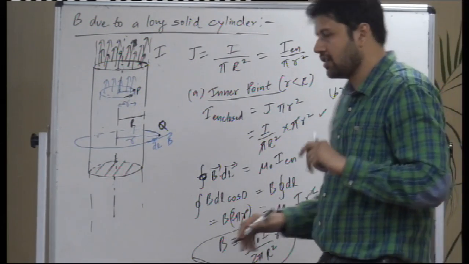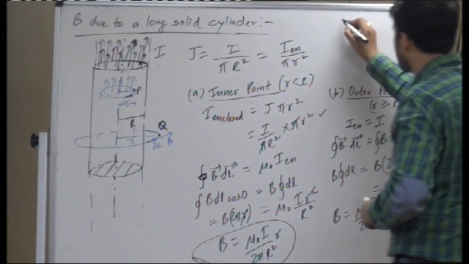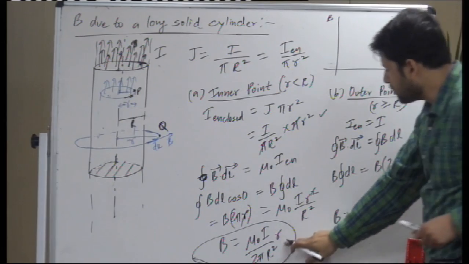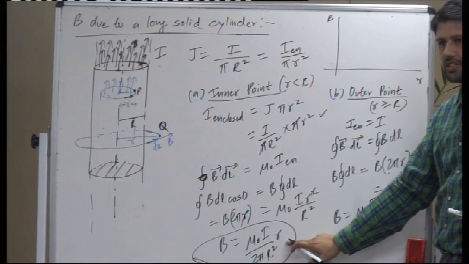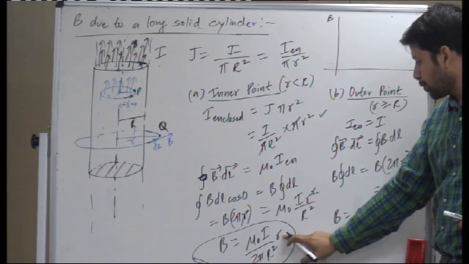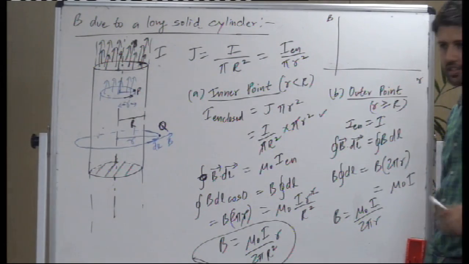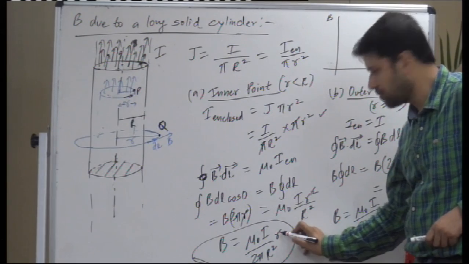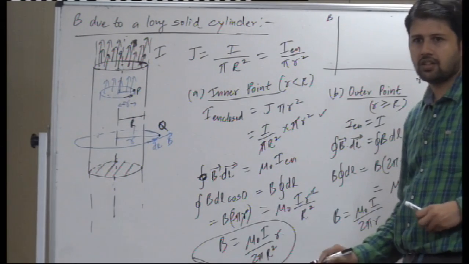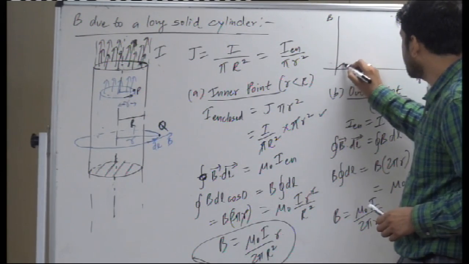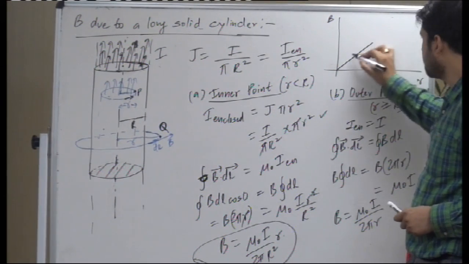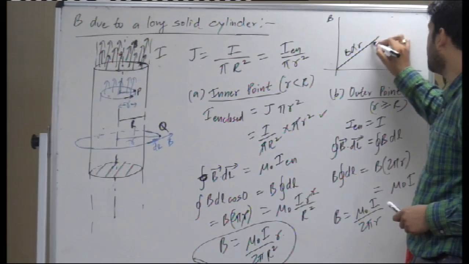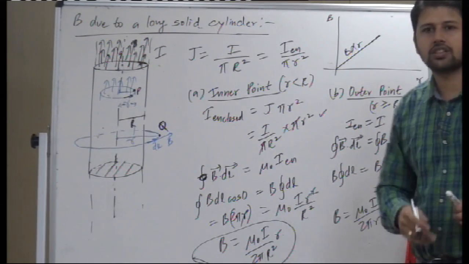If we draw this graphically, B versus r, can you see that for inner portions the magnetic field is proportional to the distance from the axis? Rest all is constant. So for this, the magnetic field increases linearly, B proportional to r. It reaches a maximum value at the surface.